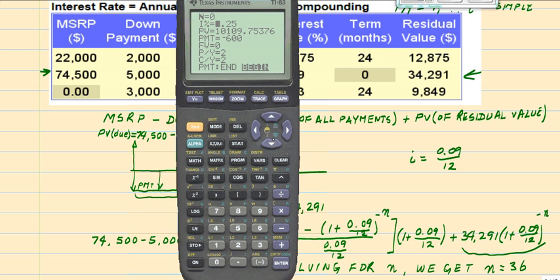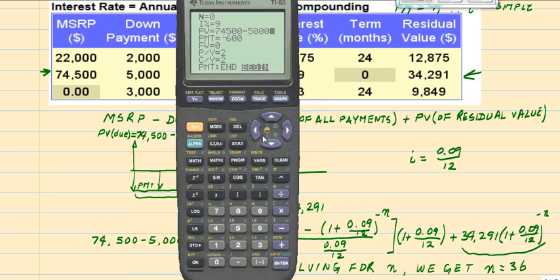Then we have to go down. Nominal rate is 9%. Present value is going to be 74,500 minus 5,000.